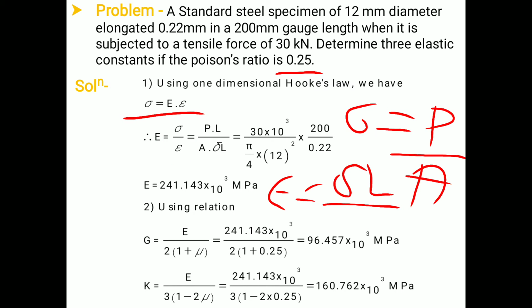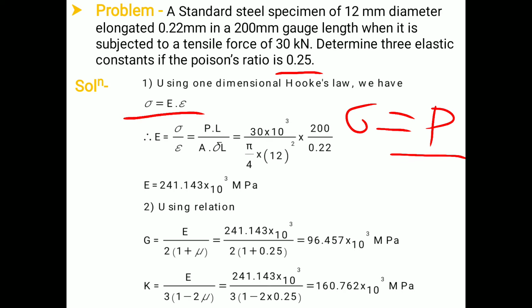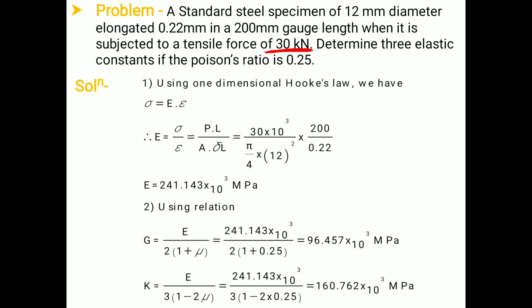After putting all those values, I have the final relation E is equal to PL upon A into delta L. As given in the numerical, the value of P is 30 kilonewton, so in Newton it will become 30 into 10 raised to 3 Newton. The length is 200 mm.